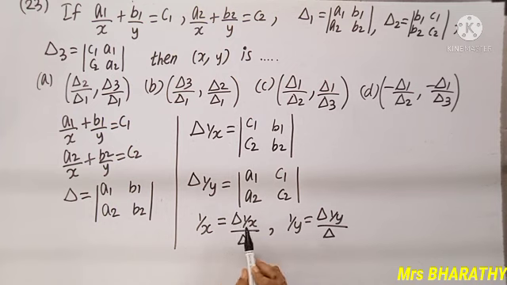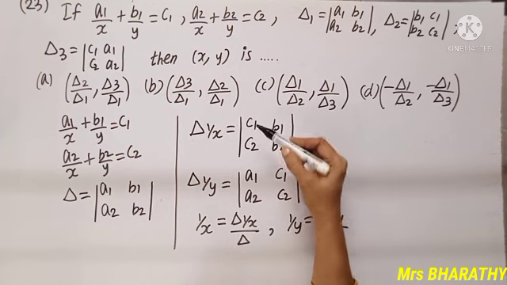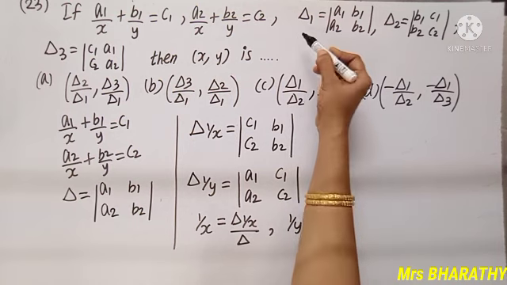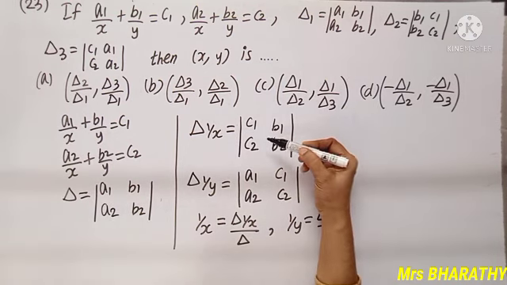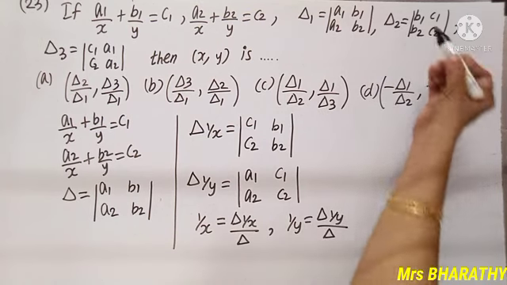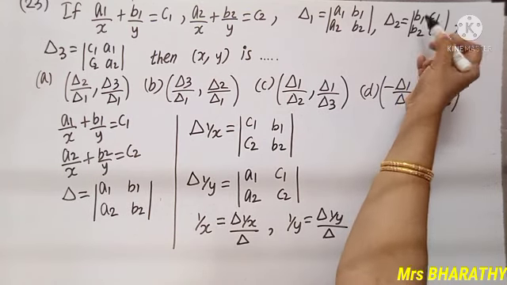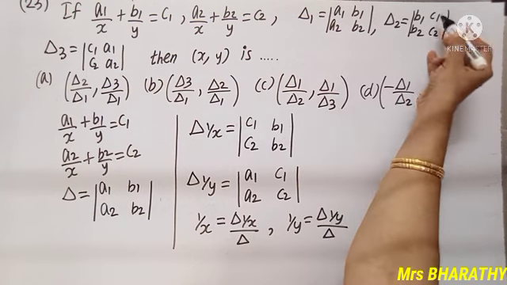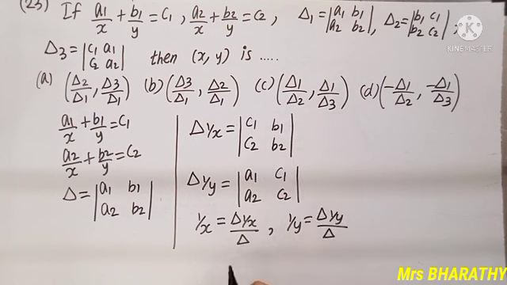What is del 1 by x? c1 b1, c2 b2. In the given question, this suits with del 2. But in del 2 I have b1 b2 as the first column. Here it is the second column. c1 c2 as the second column, here it is the first column.